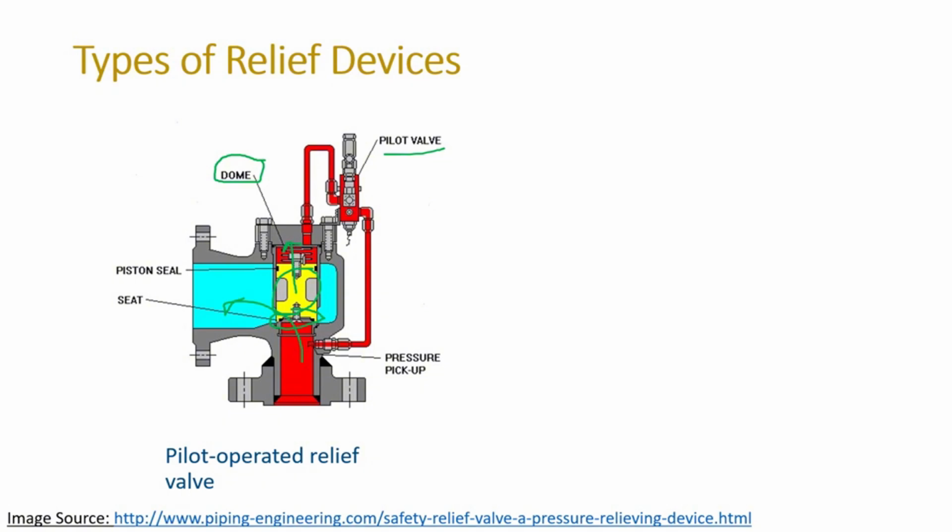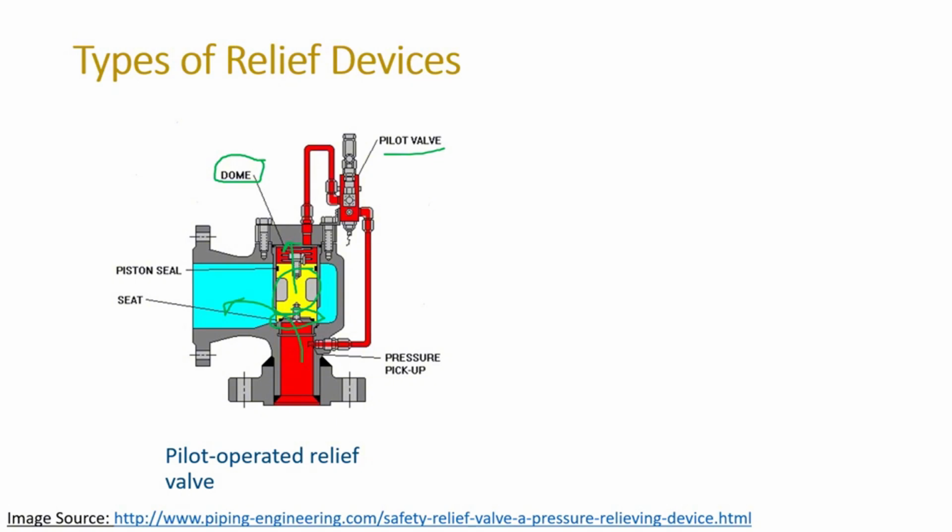Some particular advantages of this piston-type pilot-operated safety relief valve is that the relieving pressure is not affected by the back pressure, and you can operate on the process side to a very high percentage of the valve set pressure. These sorts of valves are also less susceptible to chatter than the spring-operated valves.